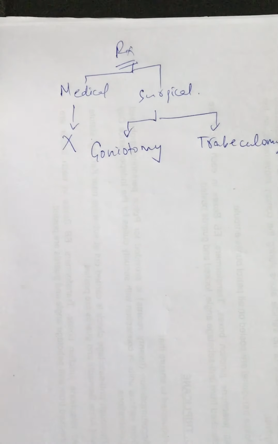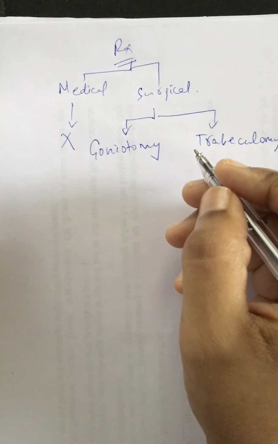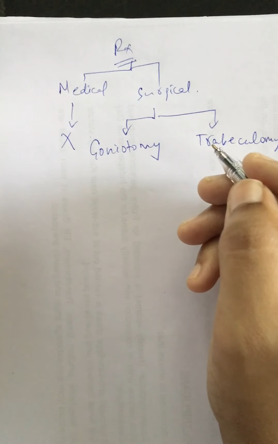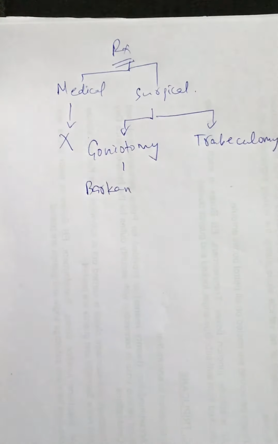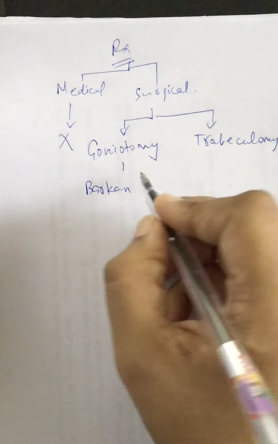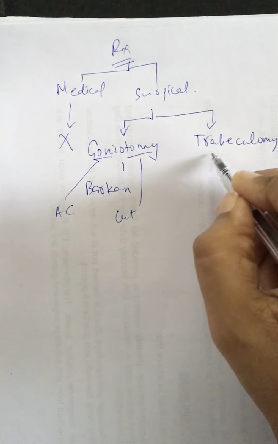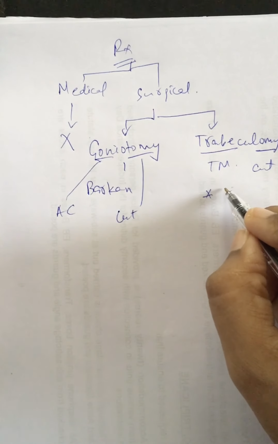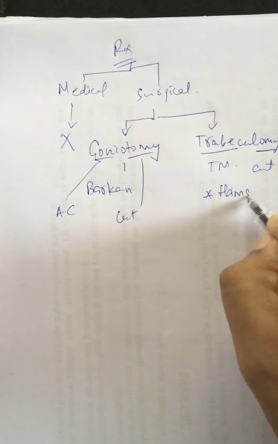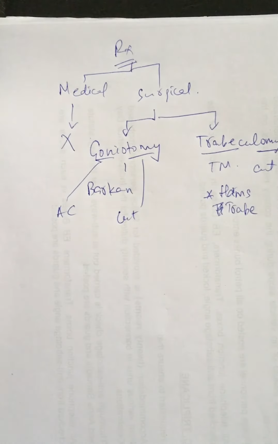In goniotomy, we use an instrument called the Barkan goniotomy knife. Using that, we basically open up the anterior chamber, because gonio means anterior chamber angle and tomy meaning cut. And trabeculotomy means the trabecular meshwork is going to be cut. For this, we use an instrument called the Harms trabeculotome. So that's it to sum up everything.